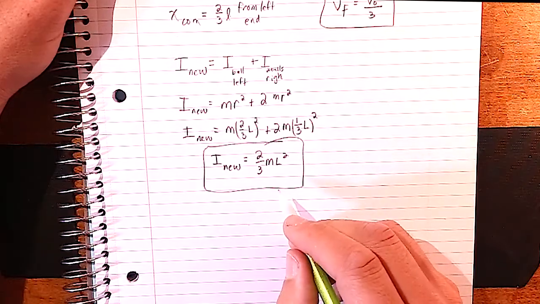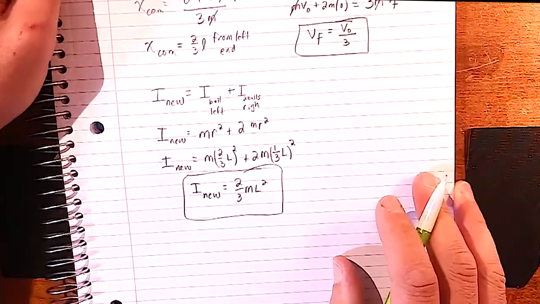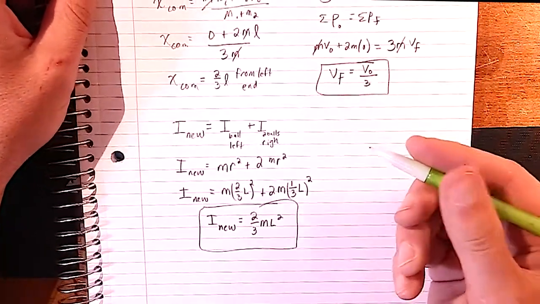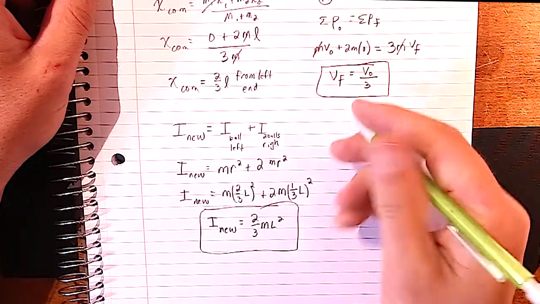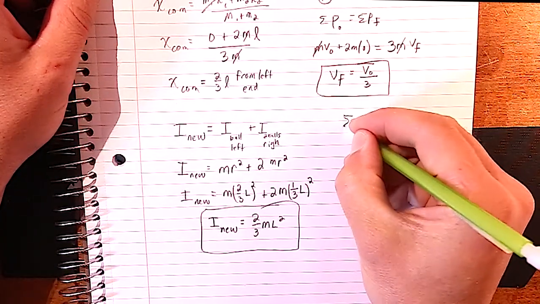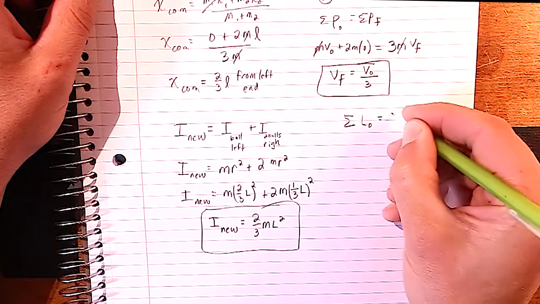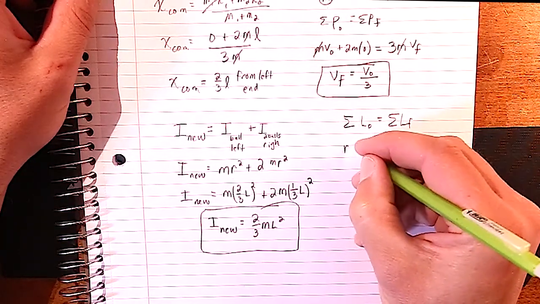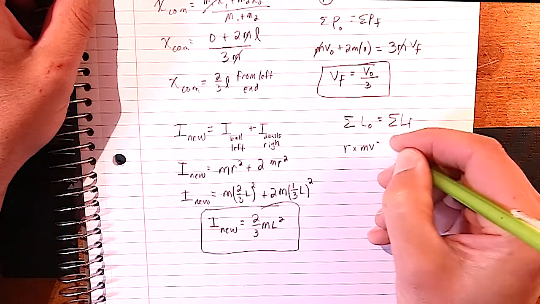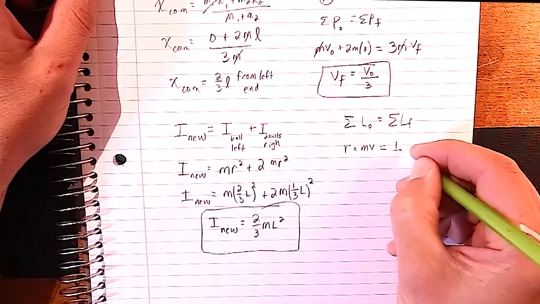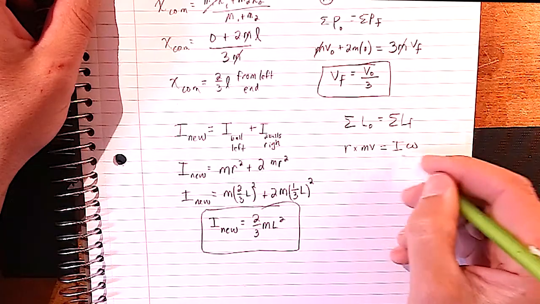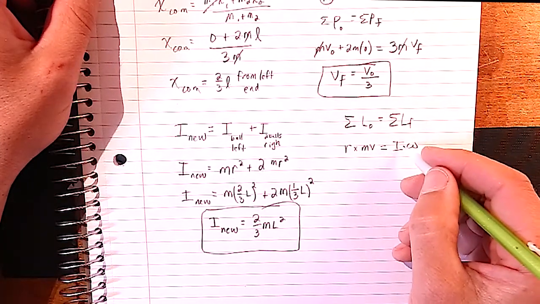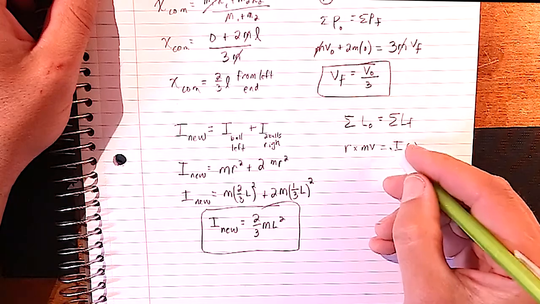Now that we have the new moment of inertia, we can do the conservation of angular momentum. So that's going to be our sum of our angular momentum initial equals our sum of our angular momentum final. And then we can do R cross mv is equal to I omega. And this is going to be the whole thing because we found the moment of inertia of the three balls all at once.